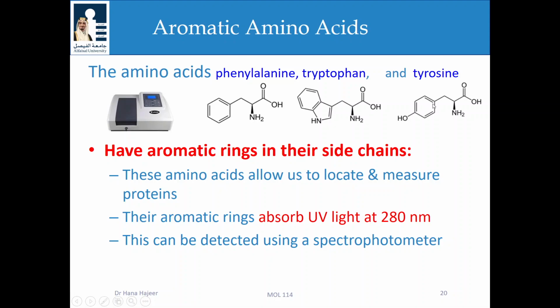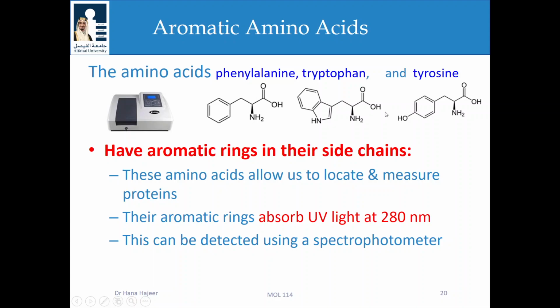So actually tyrosine is made from phenylalanine just by adding OH to it. So you should have good observational skills, yes, observational skills. So these three amino acids are the aromatic.